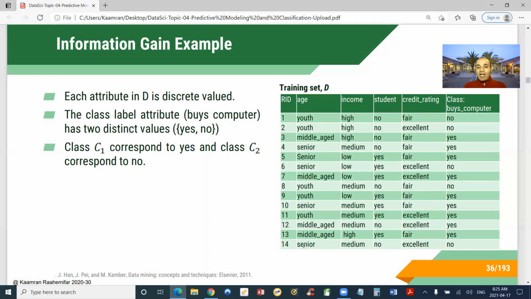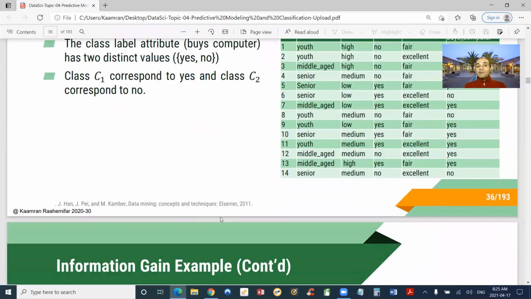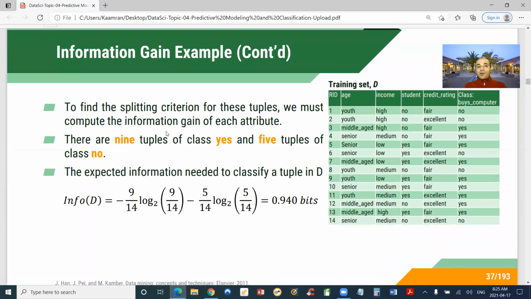Once again, I challenge you to consider that this is youth, this is medium, this is yes, a student, and this is fair. And I challenge you to tell me what my classification tells me. So C stands for class. Let's begin this process.